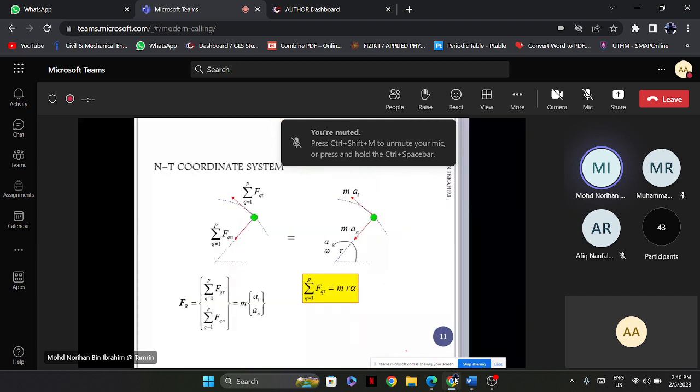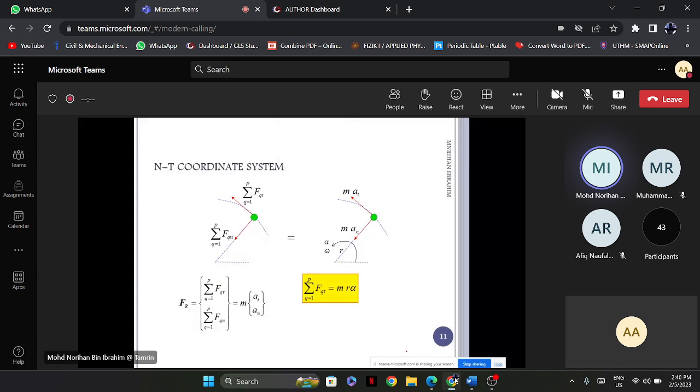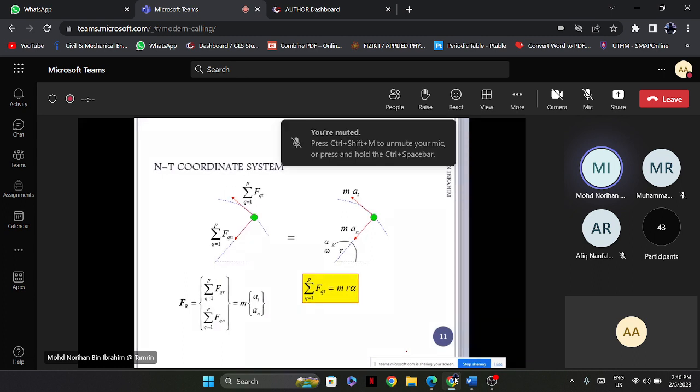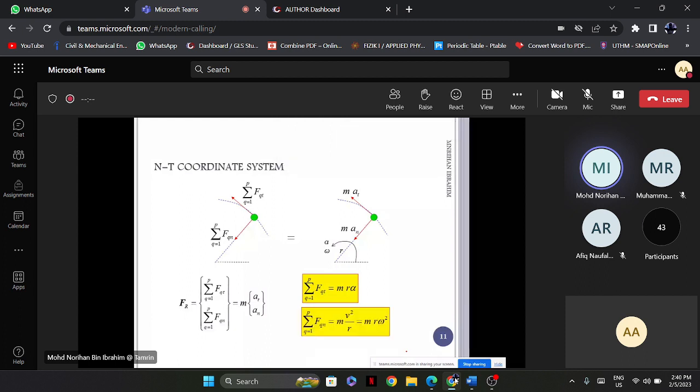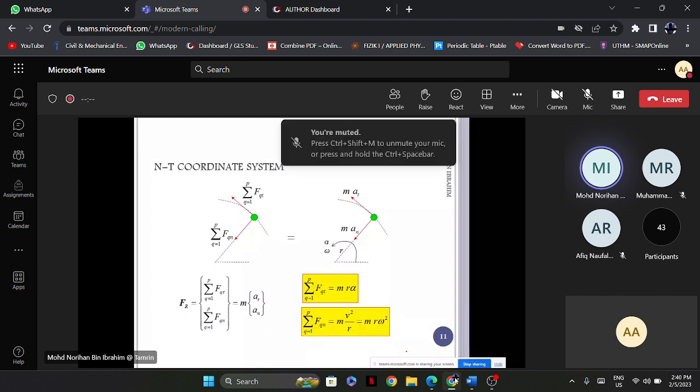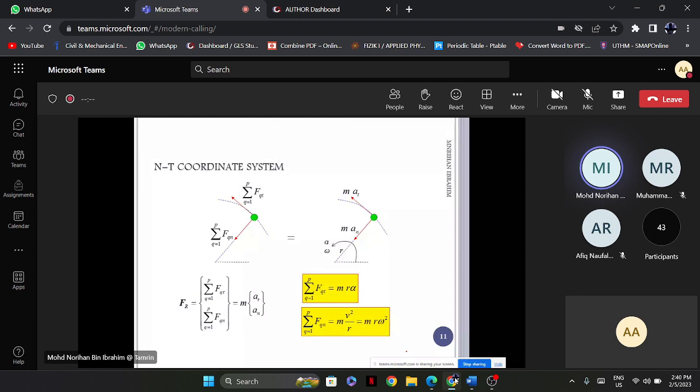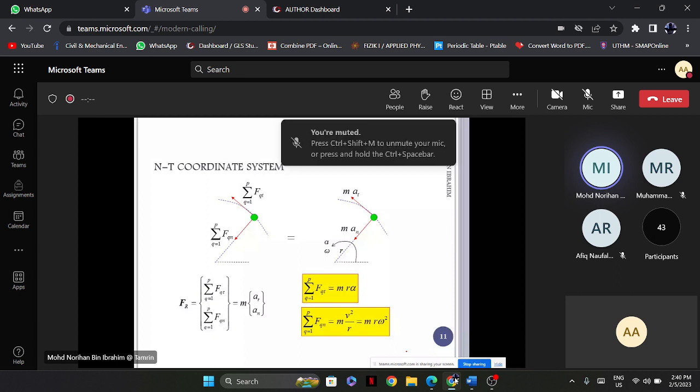So the next is the normal tangent coordinate system. If we have this kind of situation where a particle moves according to a circular path of motion, then we want to apply this normal tangent coordinate system.